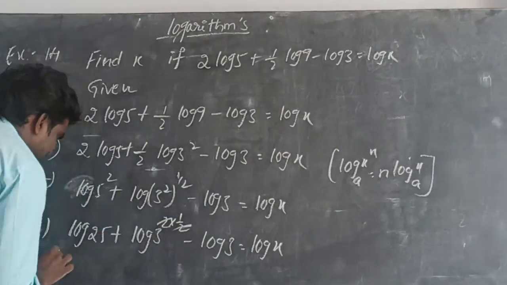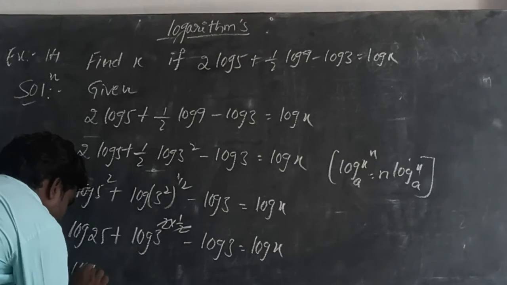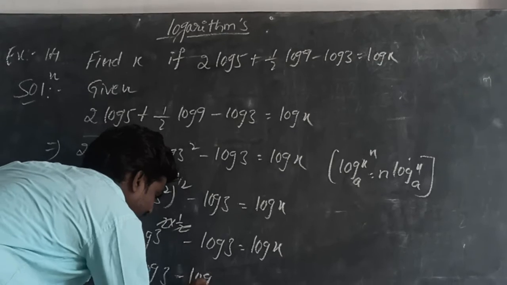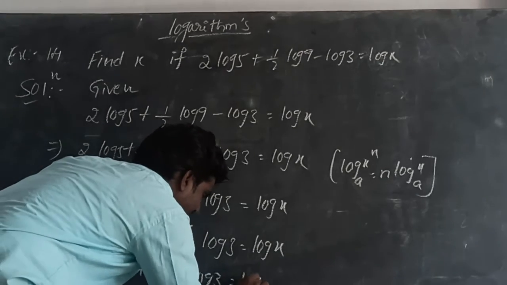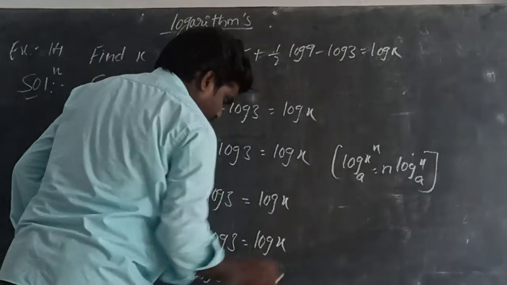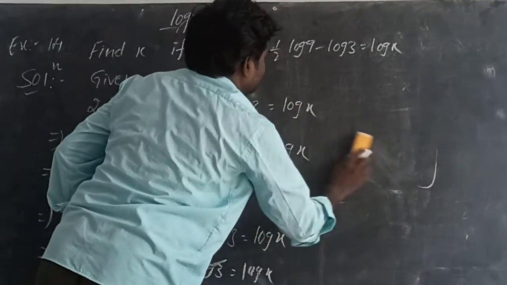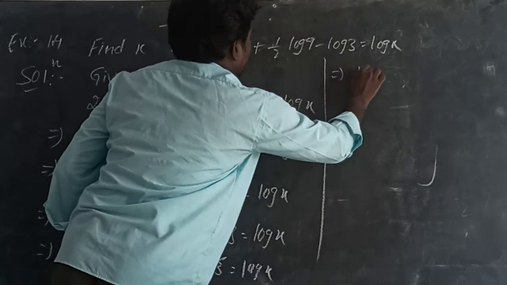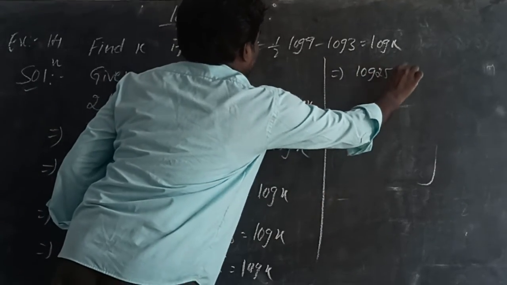The 2 cancels, that is log 25 plus log 3 minus log 3 is equal to log x. Plus log 3 and minus log 3 cancel. So what remains? Log 25 is equal to log x.